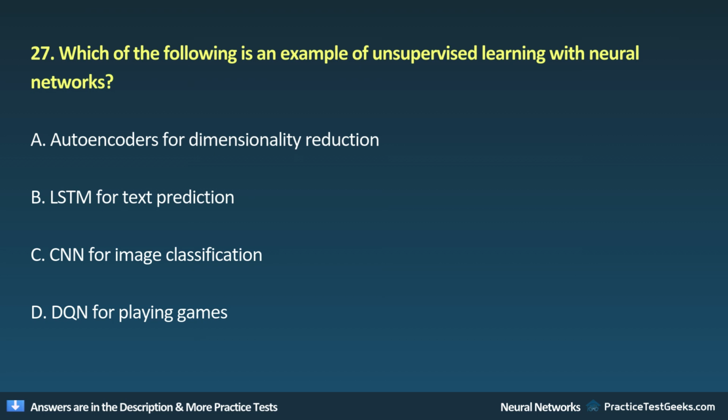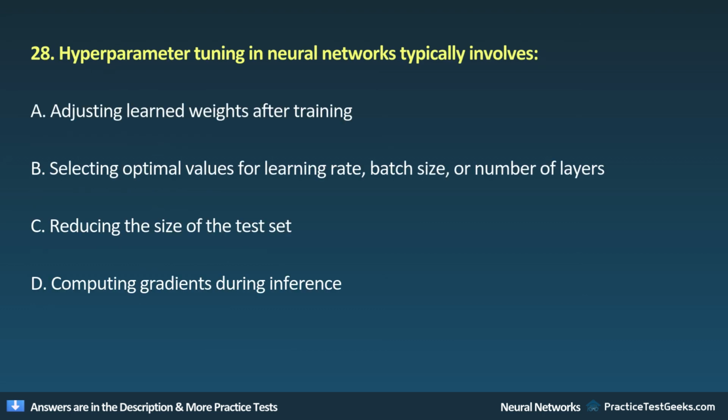Which of the following is an example of unsupervised learning with neural networks? A. Autoencoders for dimensionality reduction. B. LSTM for text prediction. C. CNN for image classification. D. DDQN for playing games.